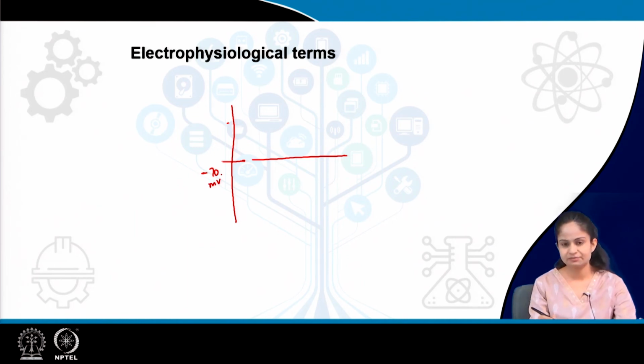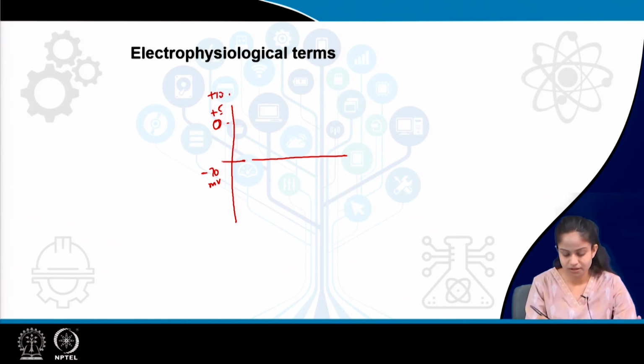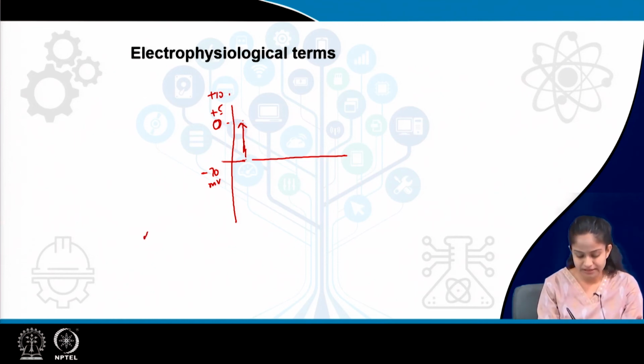So, we will take it as -70 millivolt, and here it is 0, and there we have +5, +10. Whenever the potential is moving towards 0, that means from negative towards the positive side, this is known as depolarization.